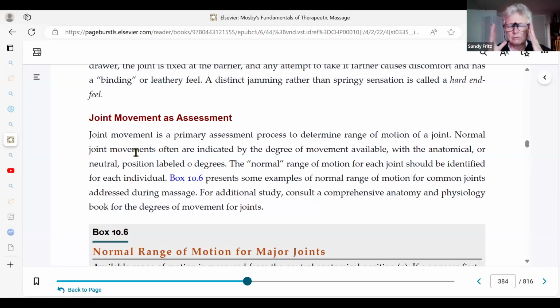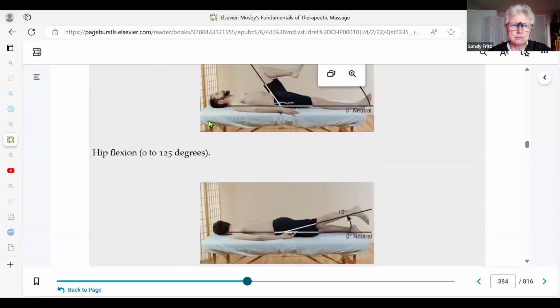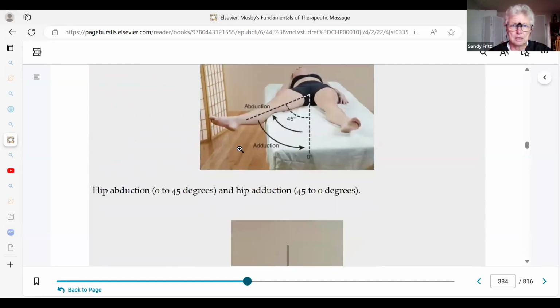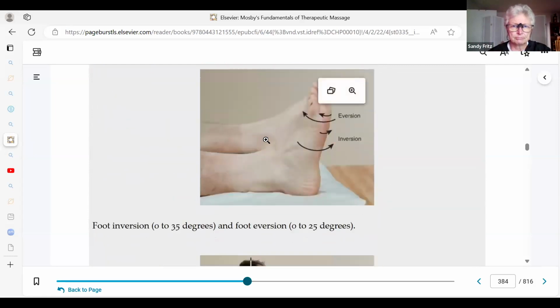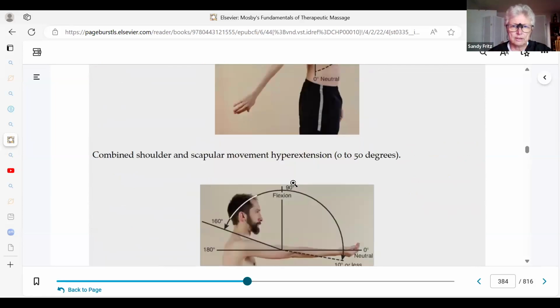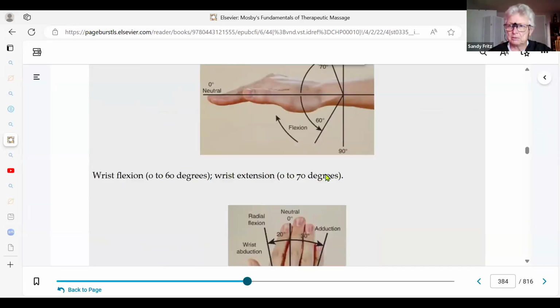You may find the terms joint movement and range of motion, and range of motion may be used for the doing part, not just the measuring part. So here's the range of motion, because it's the measurement of the major joints. You're going to want to have a working knowledge of this. Besides, you should be moving all these joints as part of the massage anyway.